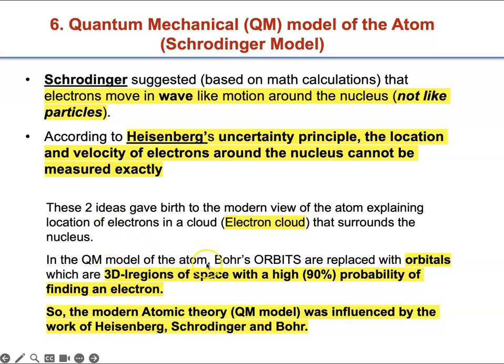In the quantum mechanical model of the atom, Bohr's orbits are now replaced with orbitals. And orbitals are three-dimensional regions of space with a high probability of finding an electron. So the modern atomic theory was influenced by the work of Heisenberg, Schrodinger, and Bohr.